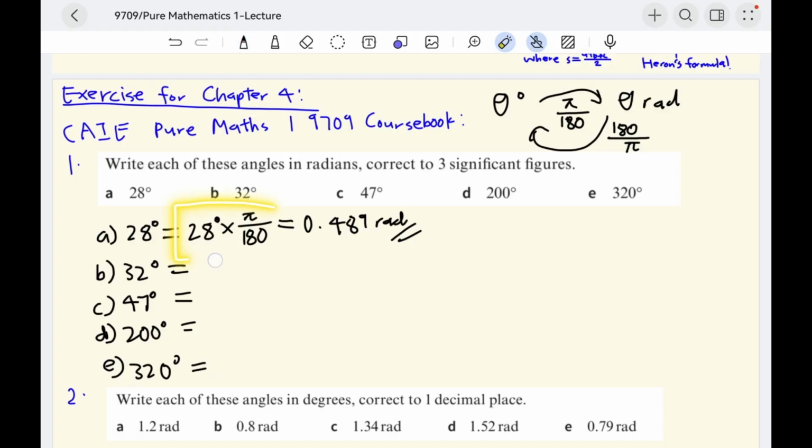Just use the same method as A to answer each part, for the conversion of the angles from degree to radian. So I'm not going to write the steps over here. I just give you each of these angles in radians after the conversion.